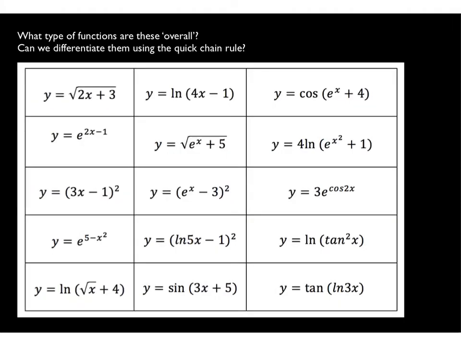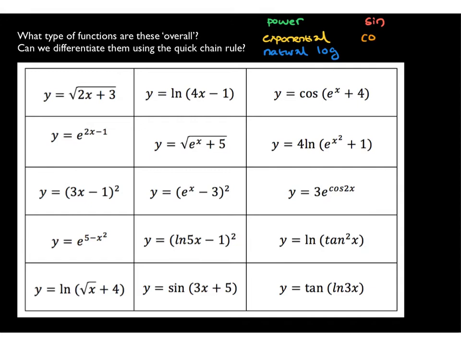So here you need to identify what type of functions we have here. So are these power functions? Are these exponential functions? Are these natural logs? Or are they sine functions?